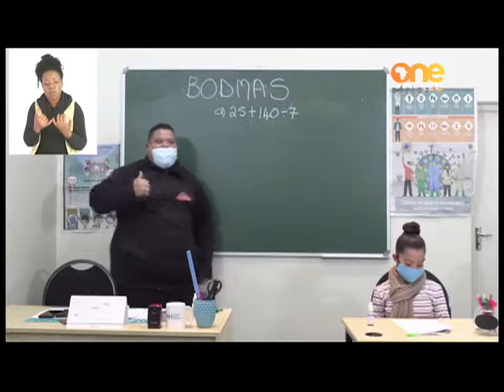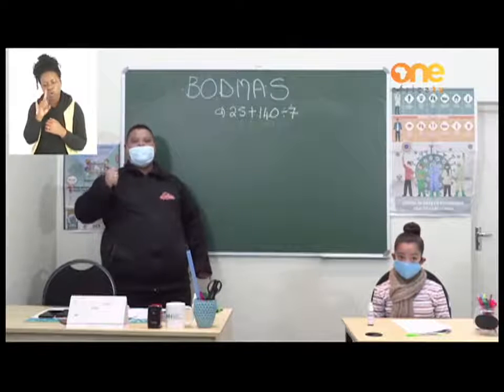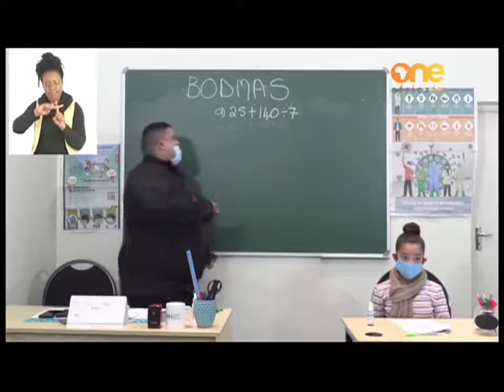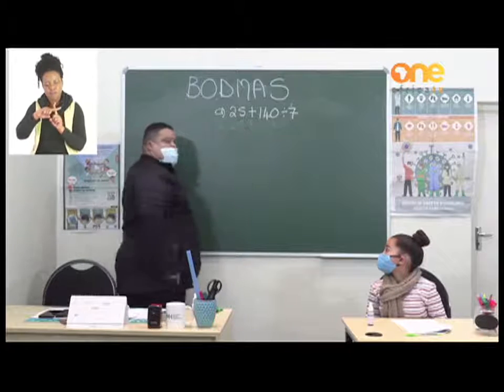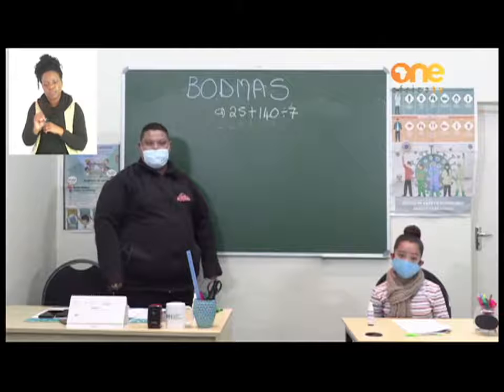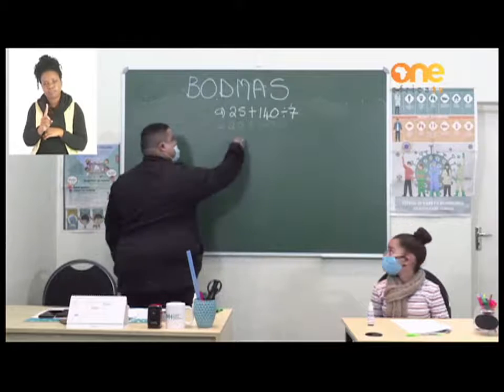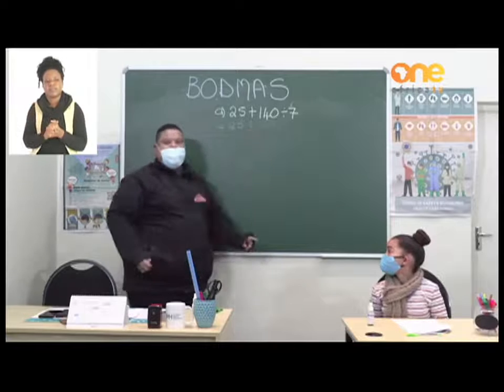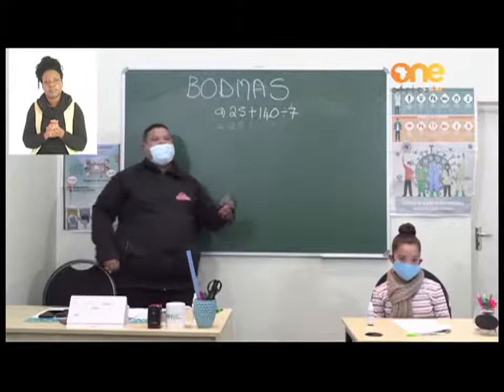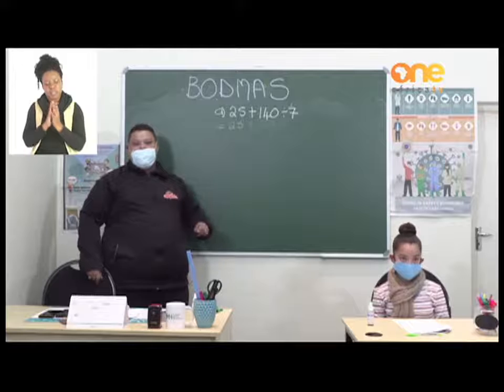And now I'm left with my addition sum. And now we say equals 25 plus 20, and that is equal to 45. Now remember guys, in the beginning I said, don't change the order of the numbers.